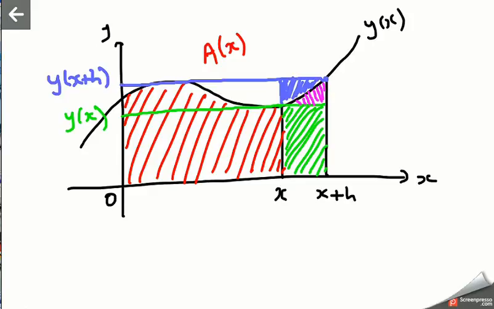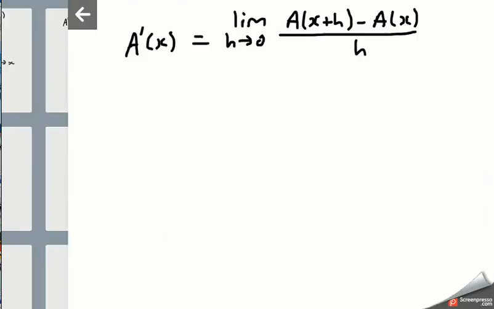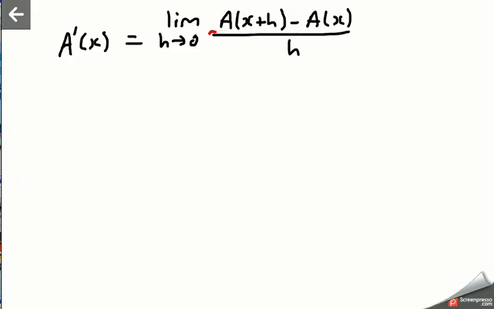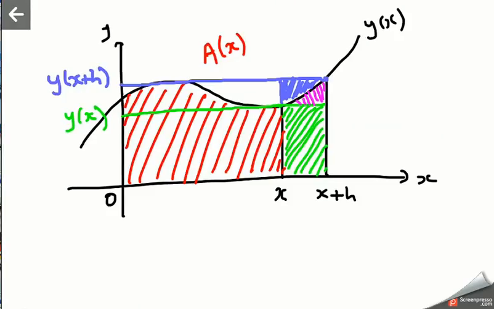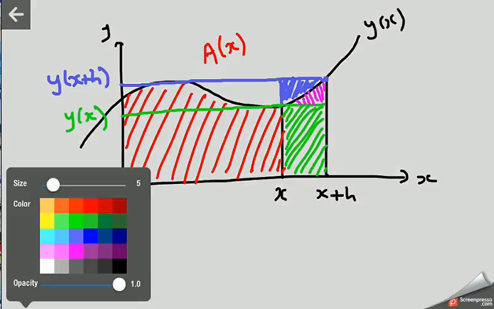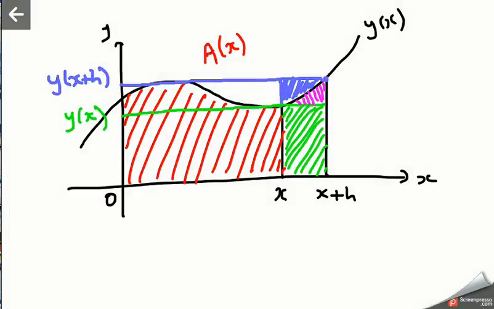Okay, so let's go back to our limit and see what we're trying to work out again. The first thing we're trying to calculate is A of x plus h minus A of x. So let's have a look at that. What is A of x plus h minus A of x? Well, A of x plus h itself would be the area under the curve y of x, starting at 0 and going all the way to x plus h.